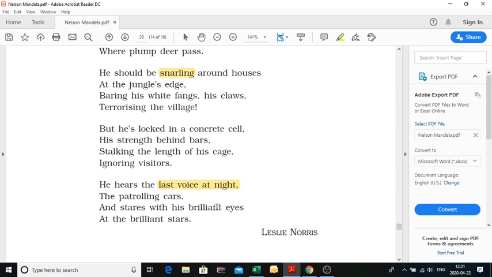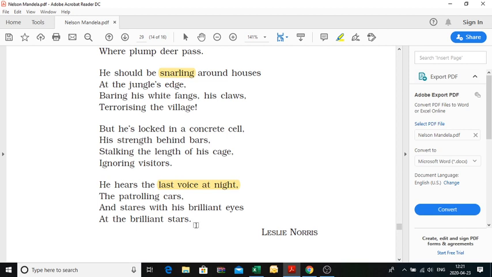He hears the last voice heard at night of patrolling cars. रात की आखिरी जो आवाज है वो सुनता है. What is he hearing now? He is hearing now the patrolling cars and stares with his brilliant eyes at the brilliant stars.